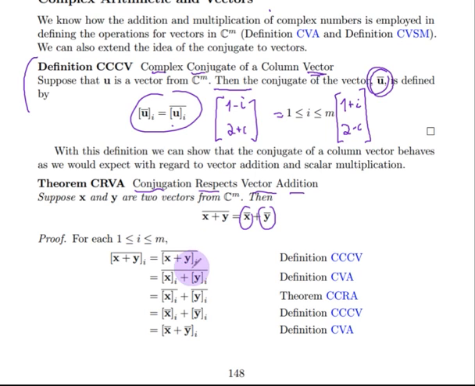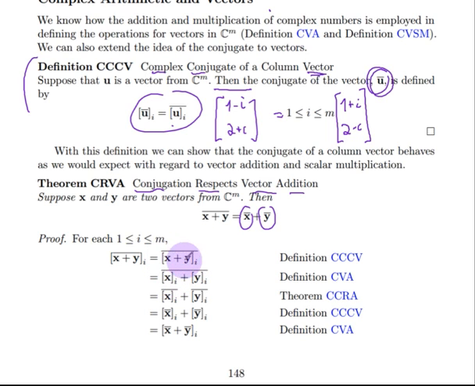Now from this part, we simply use ordinary complex arithmetic, because the ith component of x plus y is a complex number. So I should say that this is the ith component of the vector, and then you're taking the complex conjugate.